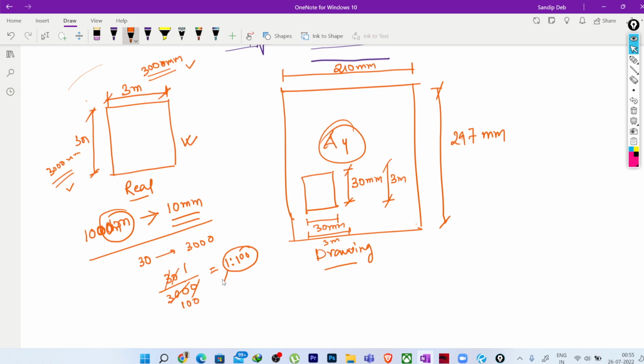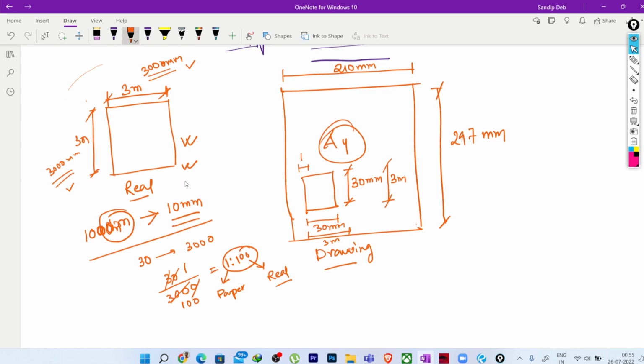That means 1 unit in paper, maybe mm, meter, whatever it is, is actually 100 units in the real case.